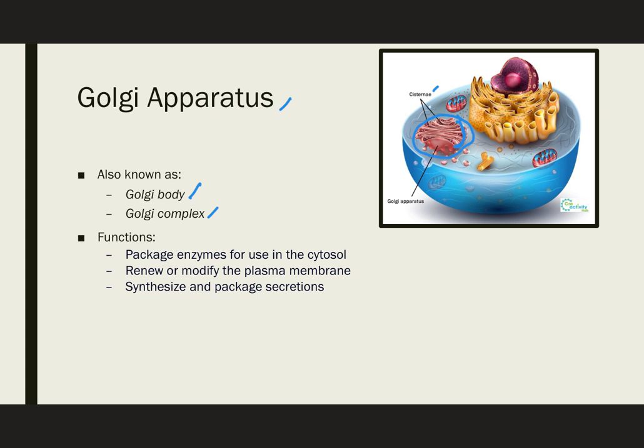Remember, everything should make sense. And the major functions of the Golgi apparatus are: package enzymes for use in the cytosol, renew or modify the plasma membrane, and synthesize and package secretions. So let's look at all these functions in more detail in the next slide.